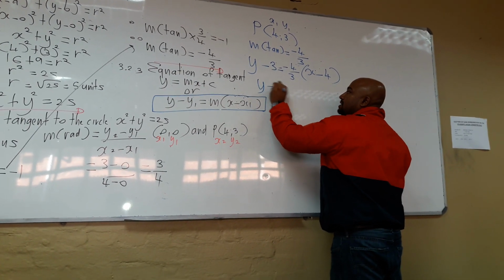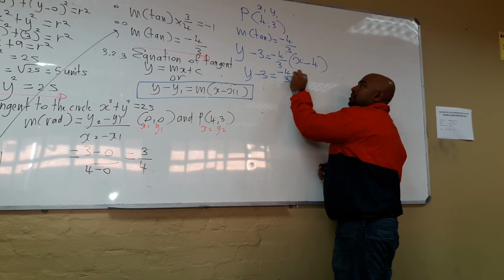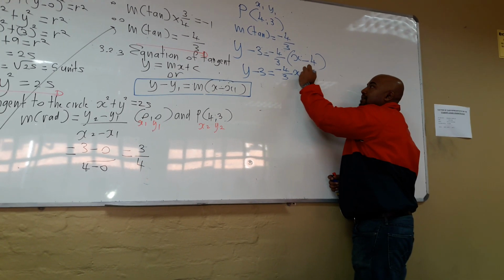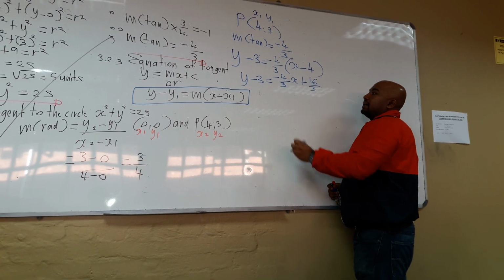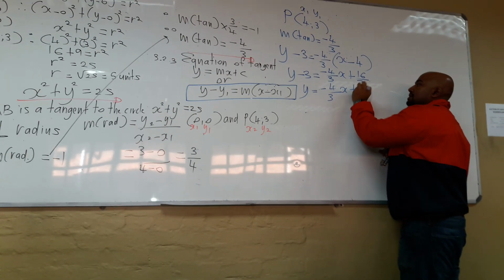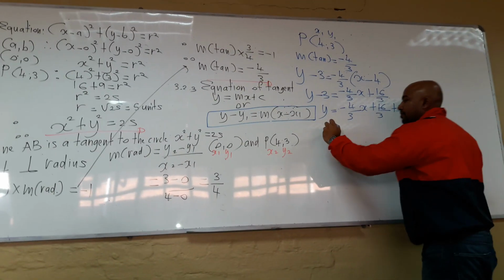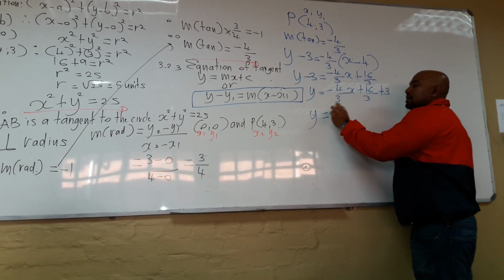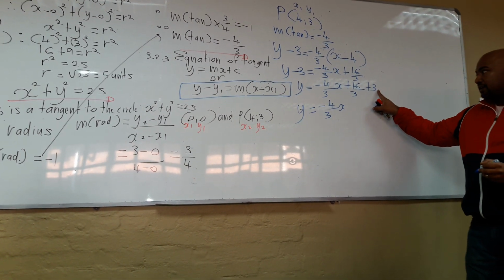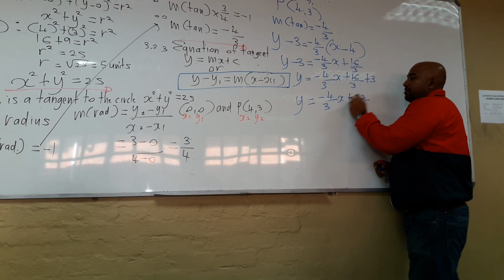So y minus 3 is equal to minus 4 over 3 times x, that is minus 4 over 3x, then minus 4 over 3 times minus 4, that is a plus 16 over 3. So we got y is equal to minus 4 over 3x plus 16 over 3 plus 3. 16 over 3 plus 3, that is plus 9 over 3. 16 plus 9, that will be plus 25 over 3.